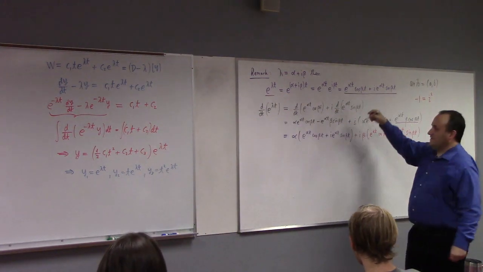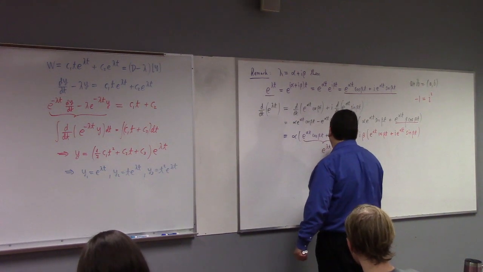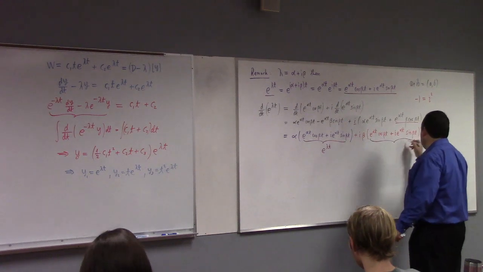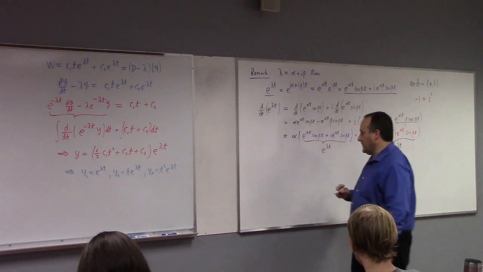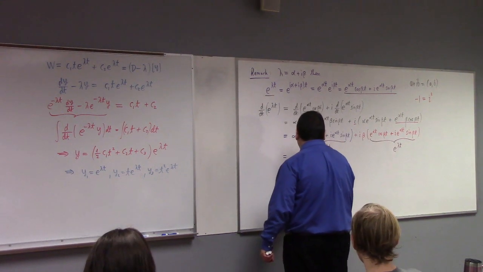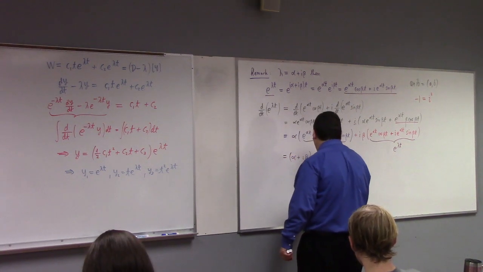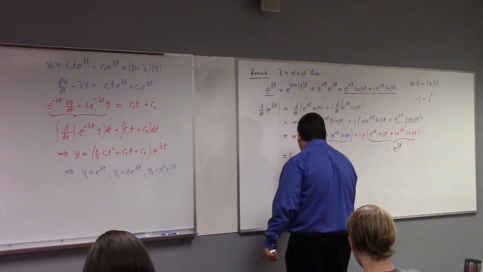This is precisely e to the lambda t. And this again is e to the lambda t. I told you it was tricky. So alpha, you got it? Okay, cool. Alpha plus i beta times e to the lambda t, also known as lambda e to the lambda t.